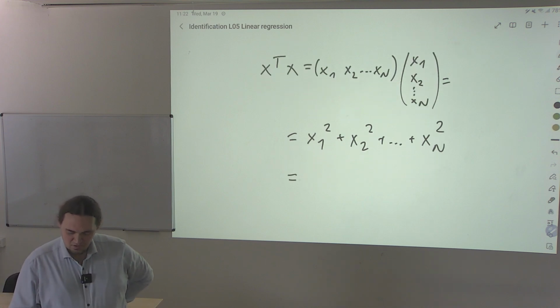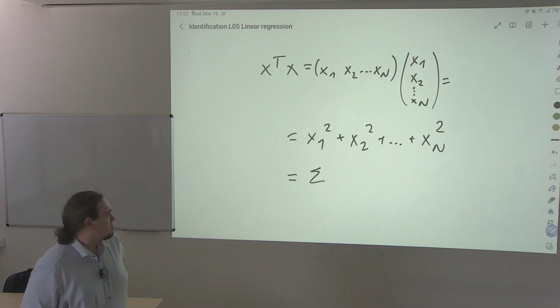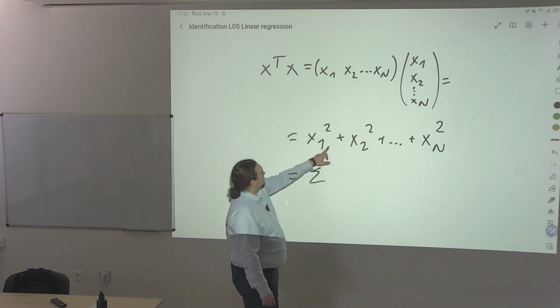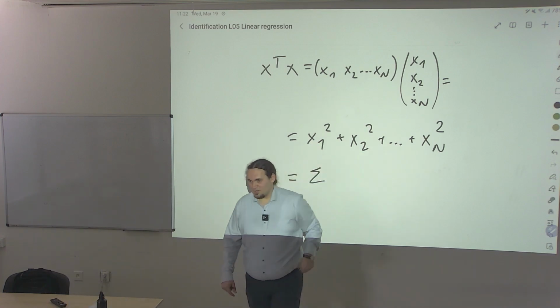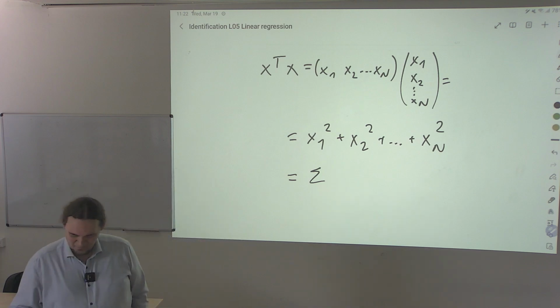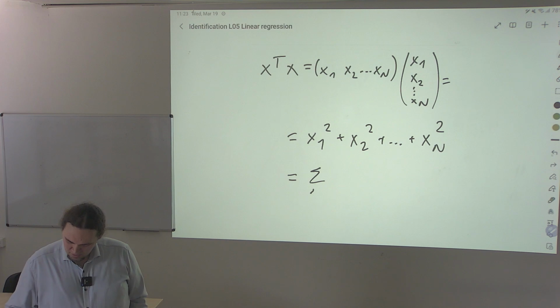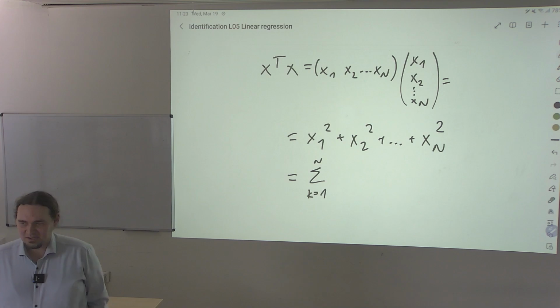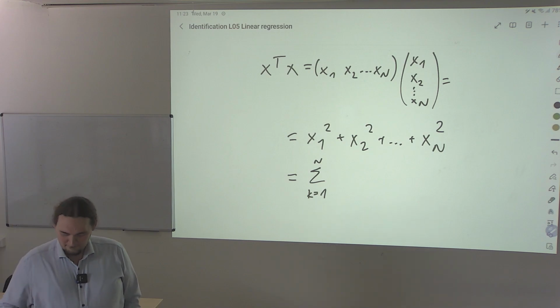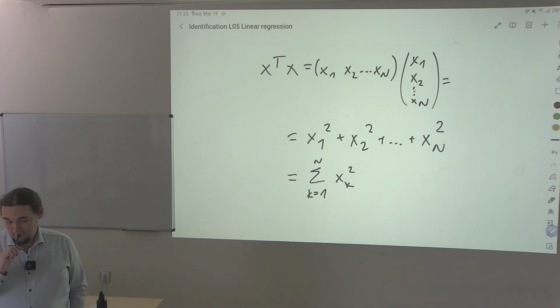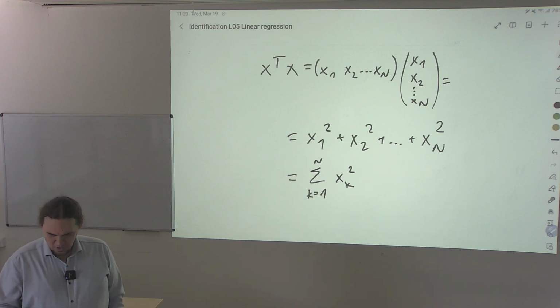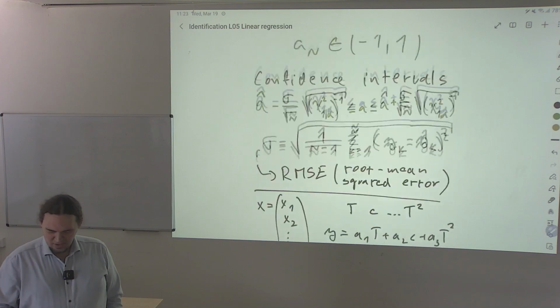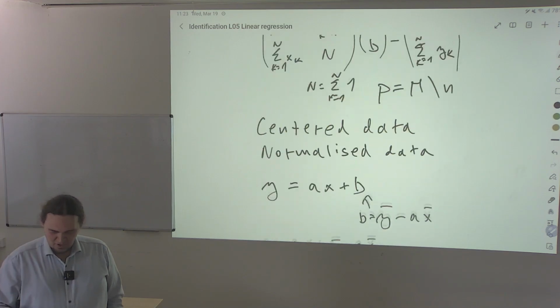So can we express it as a sum? Where the numbers which are changing here, let's call them k's. How can we express this as a sum? The sum of xk squared. Okay. Where have we seen the sum of xk squared today?